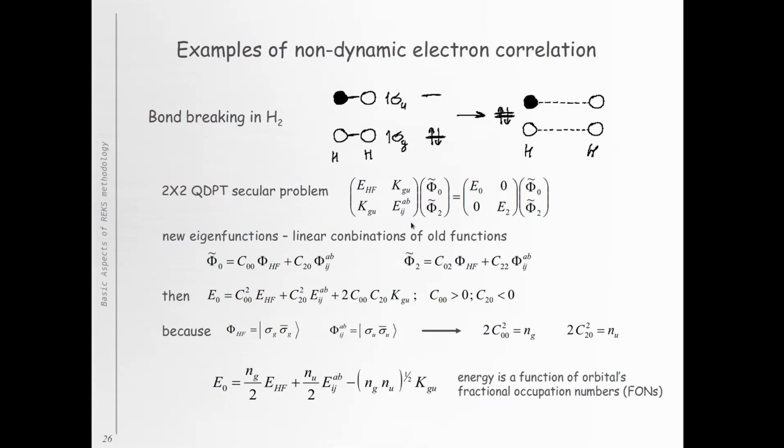The 2 by 2. Yeah, the 2 by 2 matrix. And I represented the ground state and the doubly excited state in this way. So these are elements of the lowest eigenvector of this matrix, which corresponds to E0. And these are elements of the eigenvector corresponding to this eigenvalue of the 2 by 2 matrix.